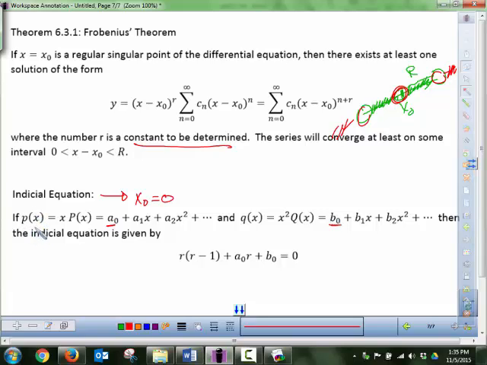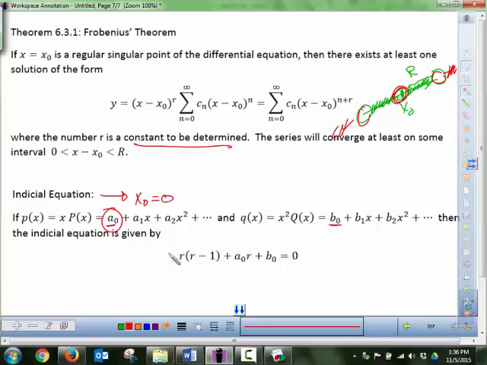Where do a naught and b naught come from? A naught comes from that little p function. You need to take that little p function and expand it as a series, an infinite polynomial series, and that first term is going to be your a naught. And then same for b naught: you're going to expand little q, and the first constant term of that power series expansion is going to be your b naught.